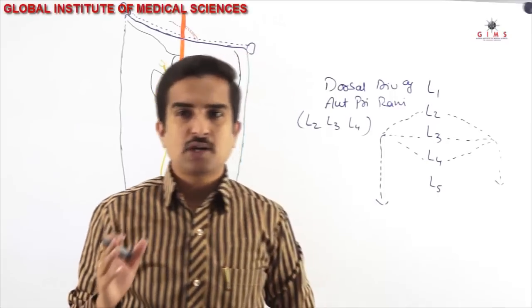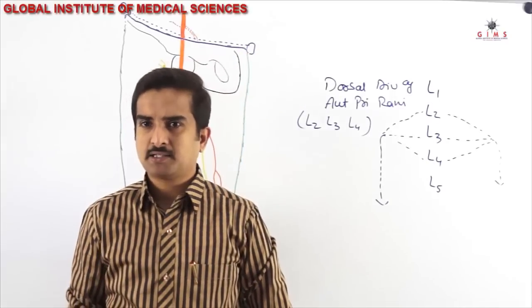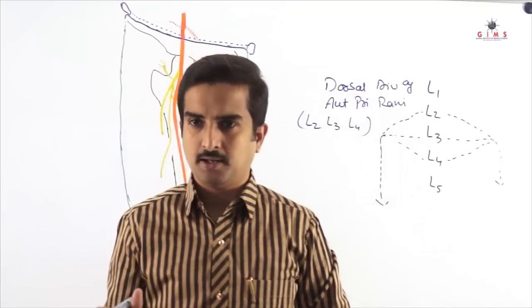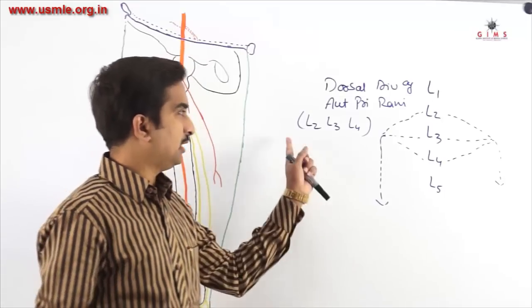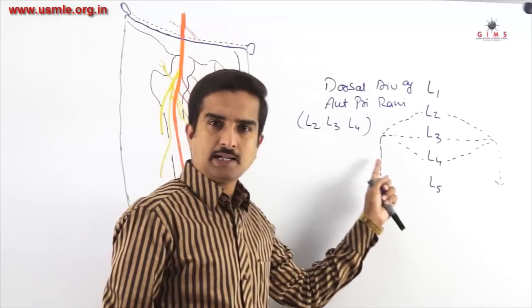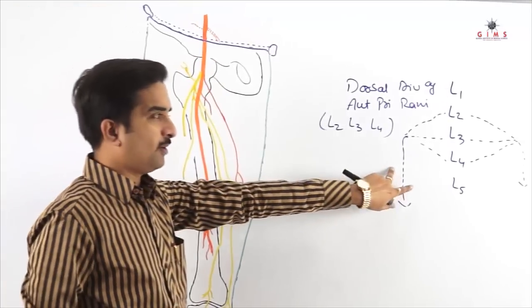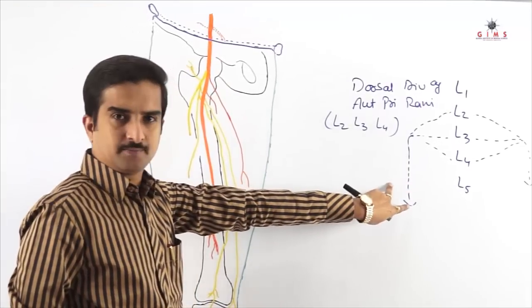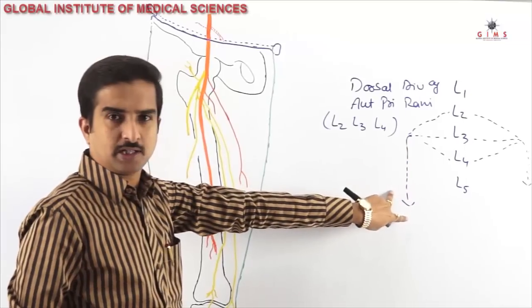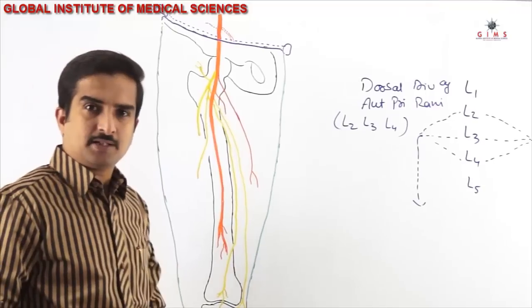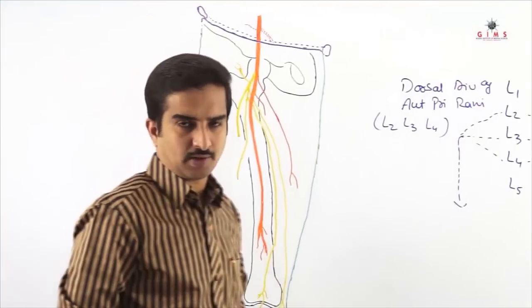So we can say the femoral nerve is the largest branch of the lumbar plexus. It is formed by the dorsal divisions of the anterior primary rami of spinal nerves L2, L3 and L4. After its formation, the nerve runs behind the inguinal ligament to enter the femoral triangle.